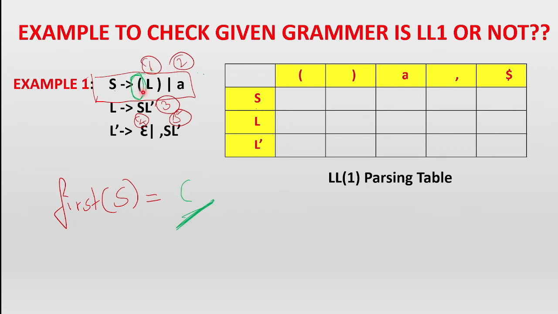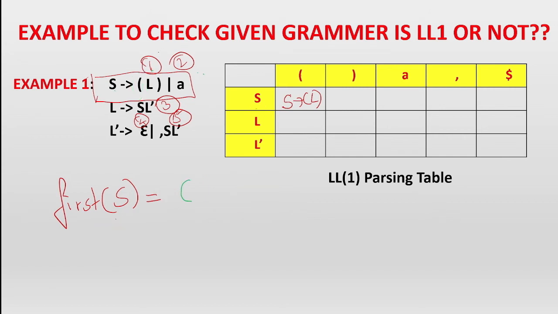So in the table, wherever the opening parenthesis is, in that cell, check for the S row because we are finding the first of S, and first of S we got opening parenthesis from production number 1. So write production number 1 over here, because it is a production of S and we got the first from that production as this opening parenthesis.